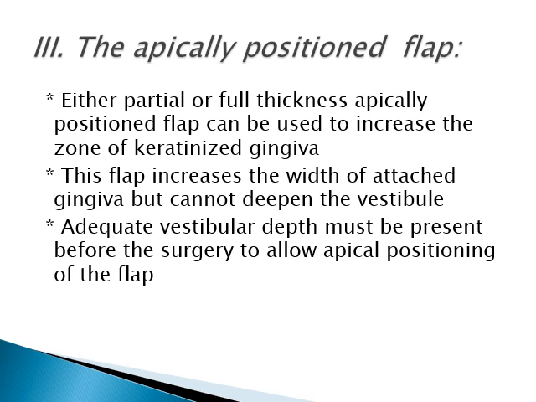or repositioned apically, laterally or coronally. To increase the width of attached gingiva, we use the apically positioned flap. It may be a partial thickness or full thickness flap. Partial thickness means that after reflection the flap contains epithelium and part of the connective tissue, and the bone is still covered with periosteum and part of the connective tissue.